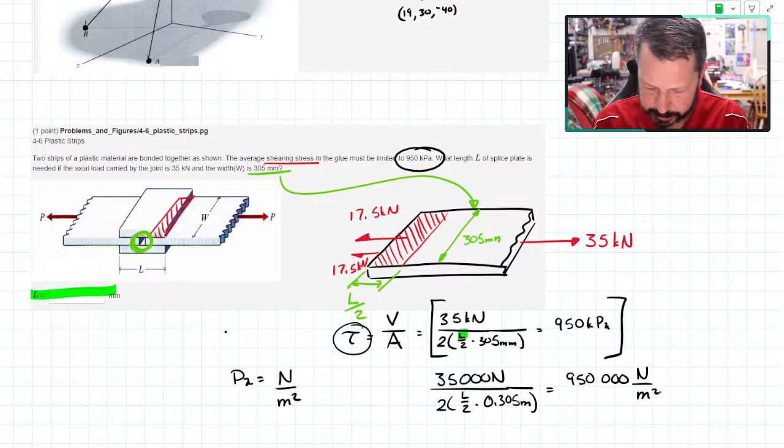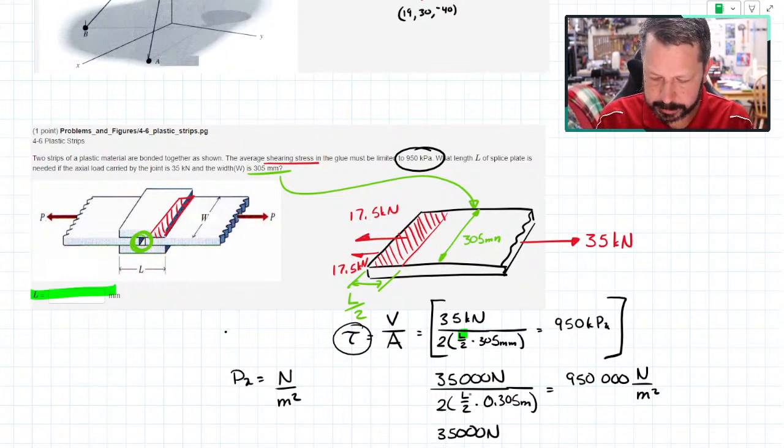And so now I've got 35,000 newtons. This L is in meters and that's in meters, so those cancel out, and 2 is just a number. Oh no, those become meter squared. They don't cancel out. They're meter squared, which cancels out with this meter squared. So 35,000 newtons equals, where'd my number go? Did I type it in?